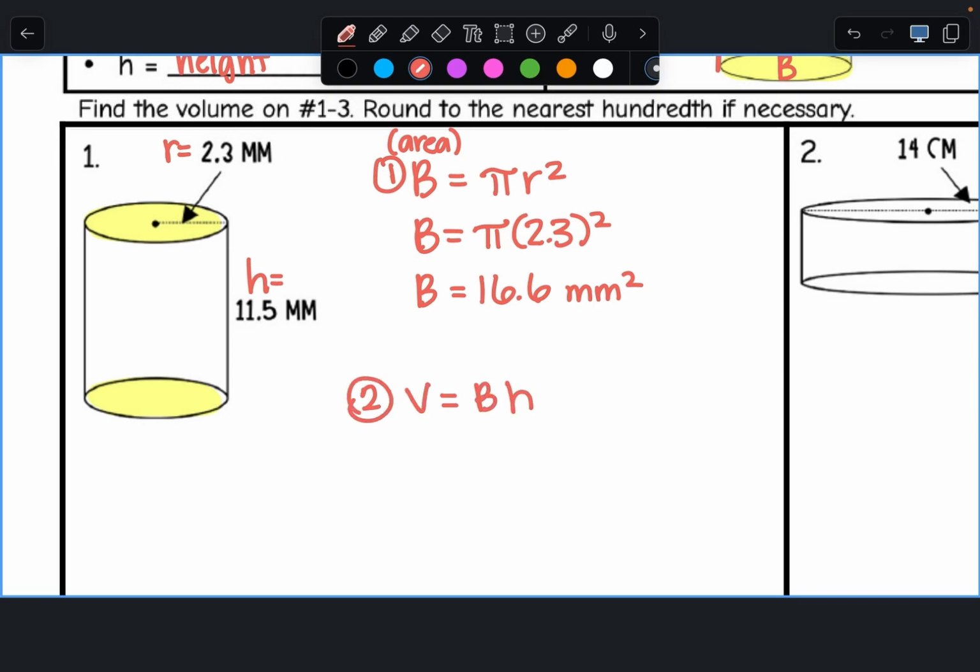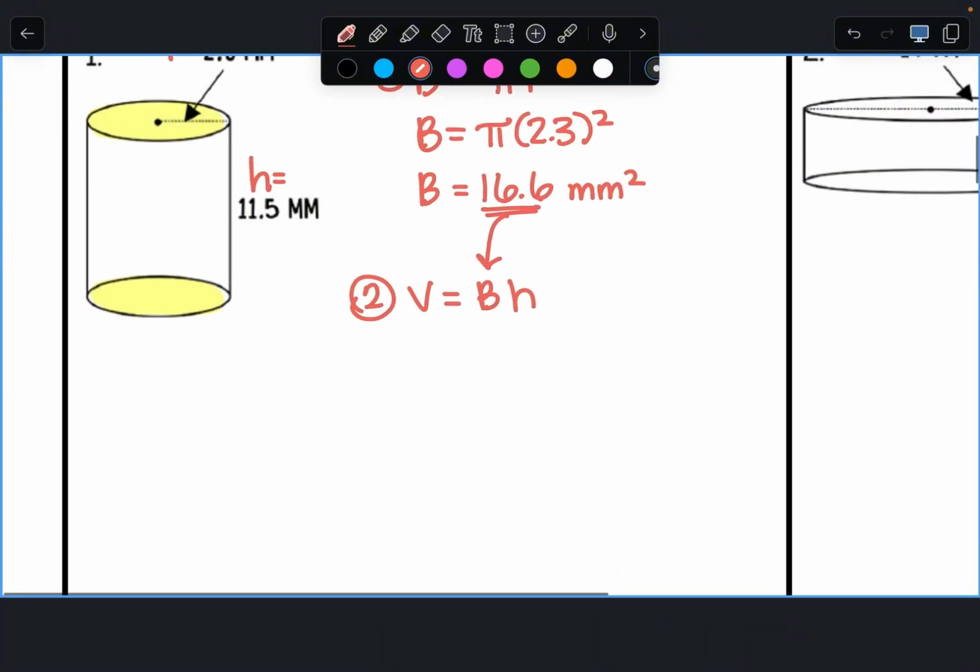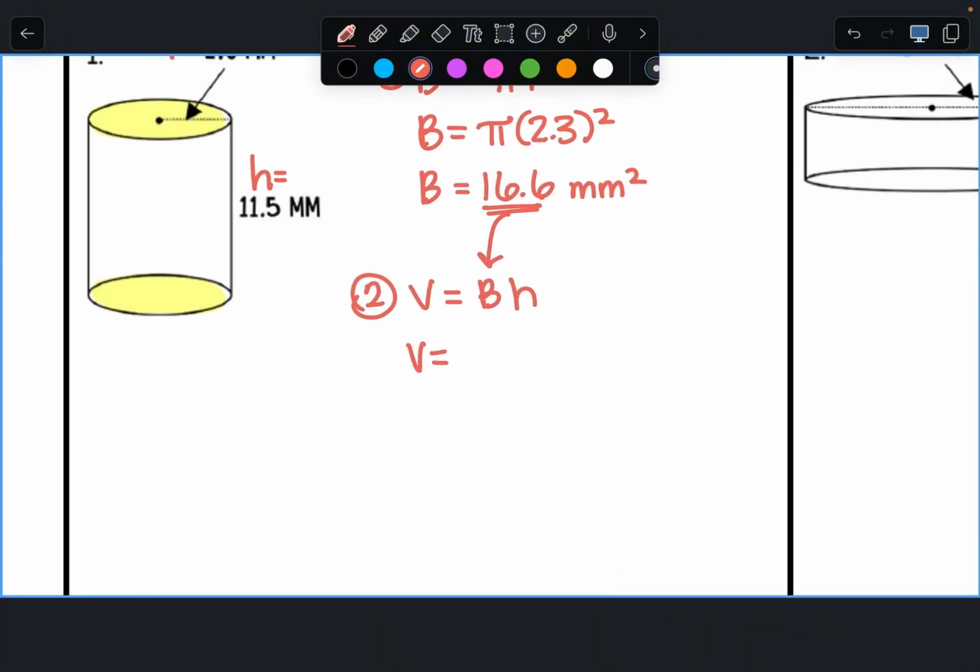Okay. Now, that is a number that we're going to insert into our volume formula. BH. This is the number that goes right there. So volume is going to be 16.6. And what is H? 11.5. So you type that in. And we get what?